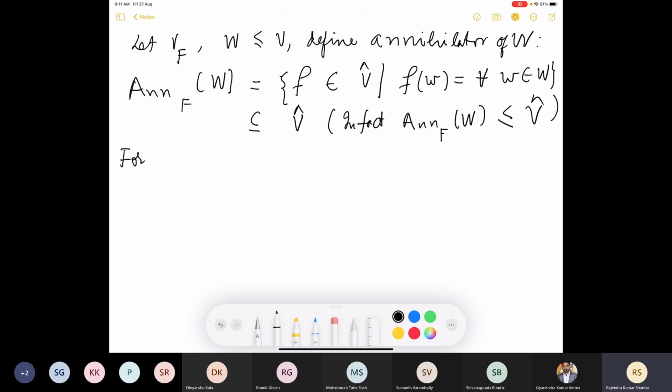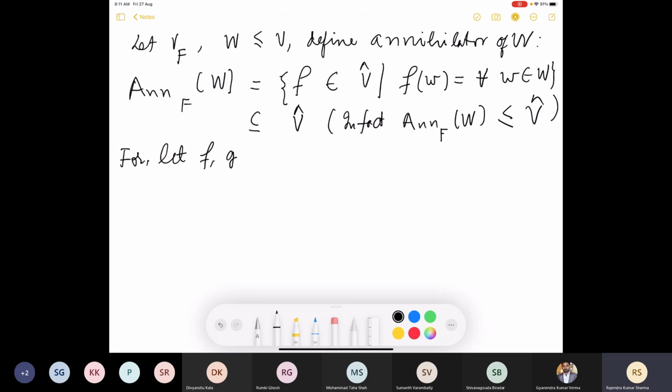So for this you can prove, because V hat is a vector space that we know. So for a subset to be a subspace, we need to verify it is closed with respect to addition and is closed with respect to scalar multiplication.